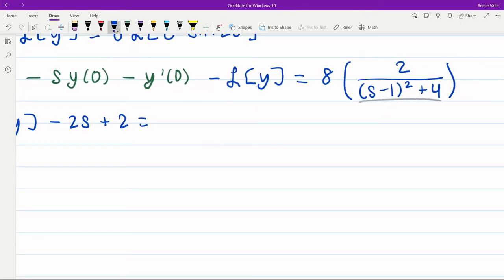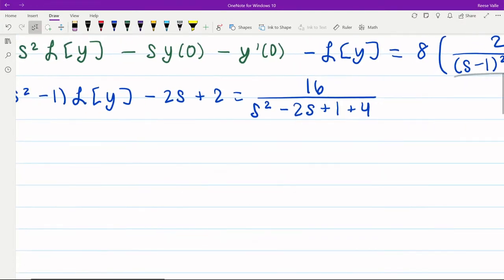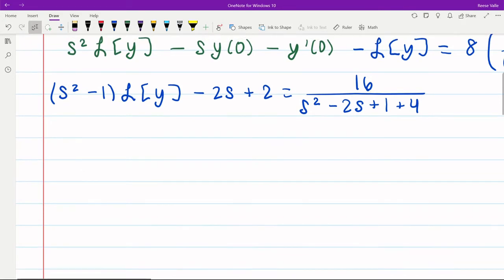You'll see in a second. So it's going to be s squared minus 2s plus 1 plus 4 all over 16, and then plus 2s and then minus 2.